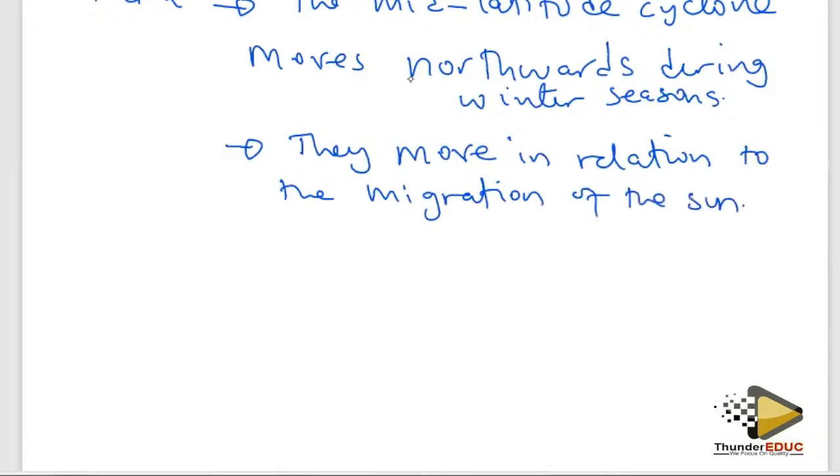Or you could as well say that they follow the latitudinal position of the sun.